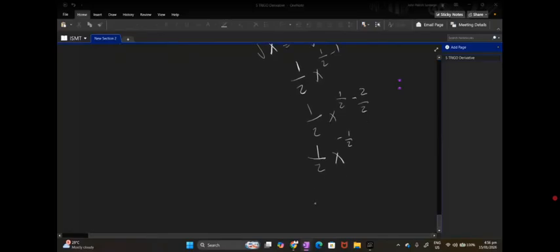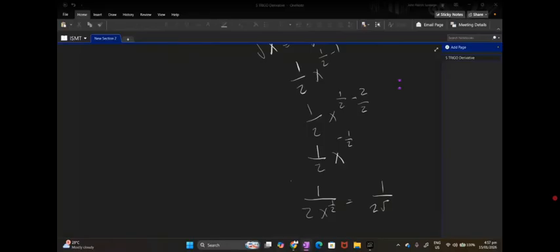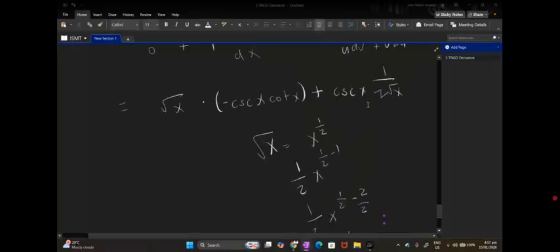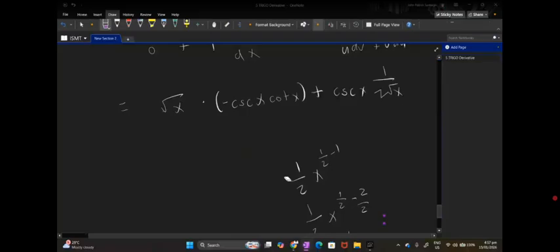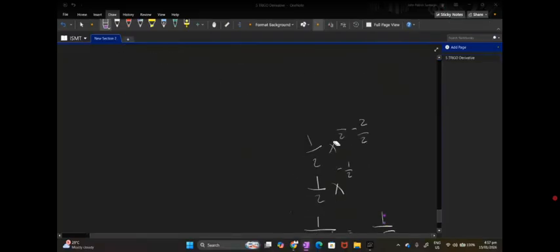Pag sinabi natin negative 1 half, ibababa natin siya. So it's gonna be 1 over 2 x raised to 1 half, then pwede natin siya ibalik to square root. Gets ba kung paano nakuha yung 2 square root of x? So that's how you get 2 square root of x.